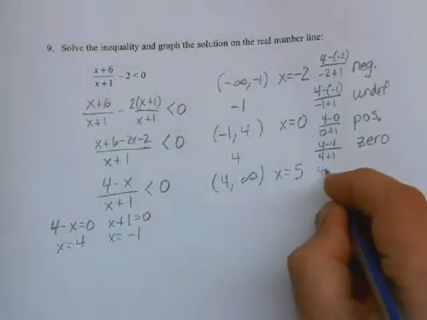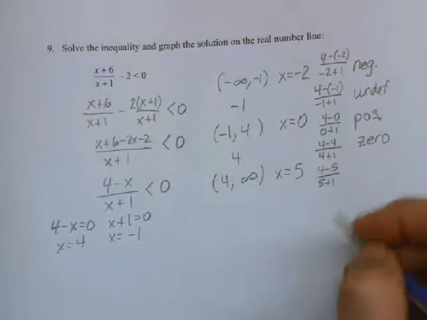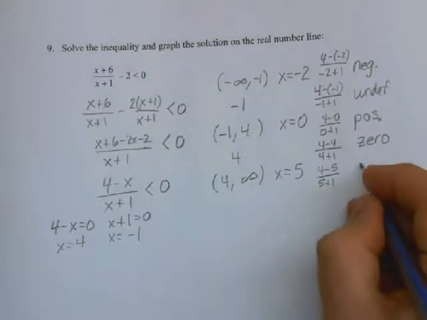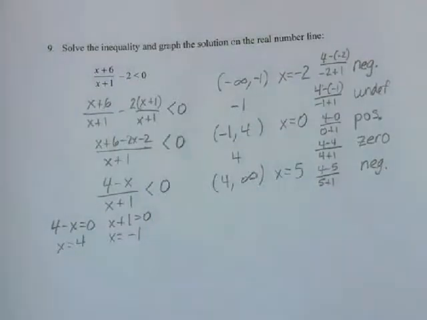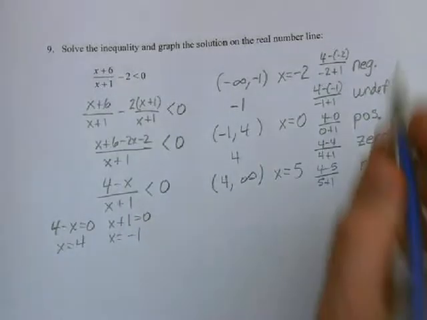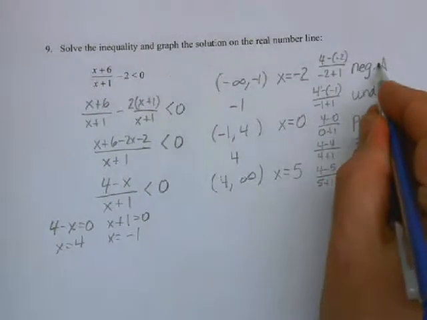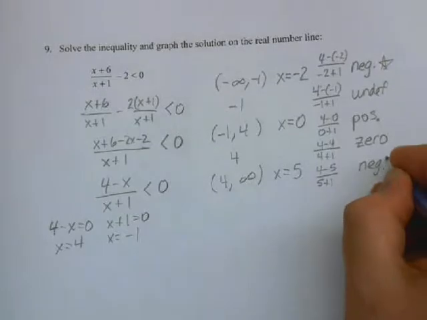And I do the same thing for 5. Negative divided by a positive is negative. So which of those intervals are less than 0? Well, we see from negative infinity to negative 1, and from 4 to infinity.